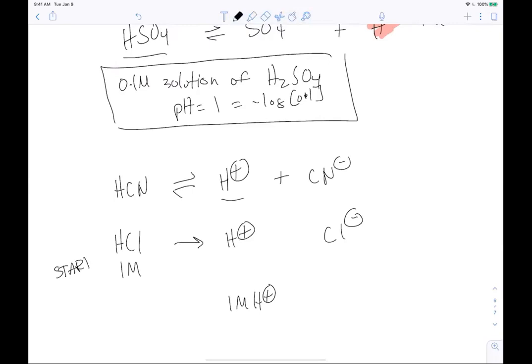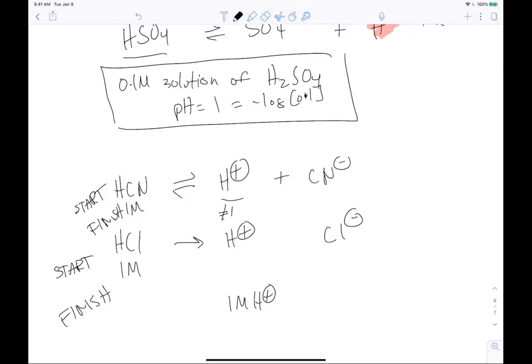Whereas here, if I start with 1 molar at the beginning, at the finish, I end up with some percentage of 1 molar. So this is not going to equal 1 molar.